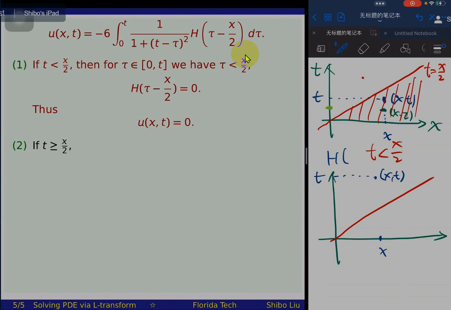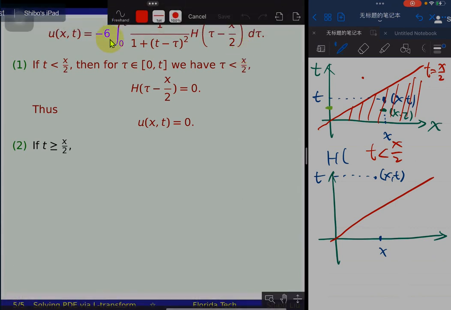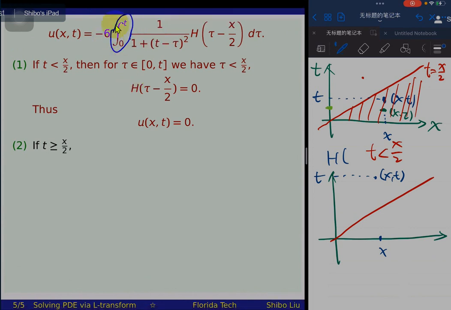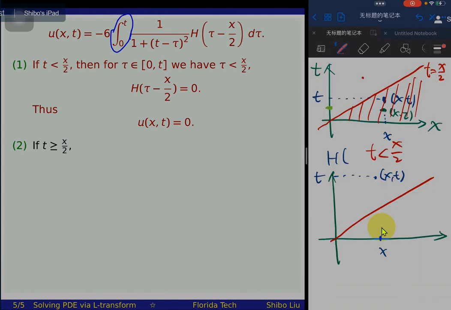Then go back to our expression for our solution. Our integral is taken from 0 to t. Let's look at this graph. From 0 to t, you see that your tau has two situations.